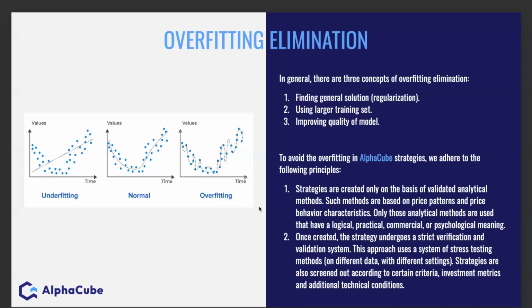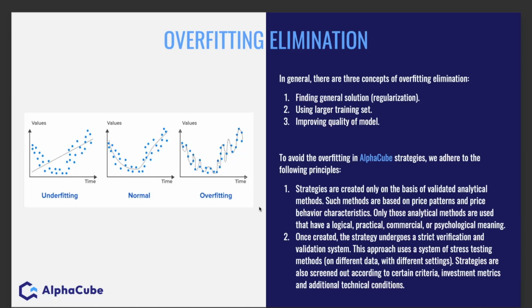And let's come back to overfitting. One of the main issues of classical machine learning, for example, if you use an approach called bagging. The bagging approach is explained very well in the De Prado book, Advances in Financial Machine Learning. I will share the name of the book later. But this approach, bagging, is actually finding the general solution.